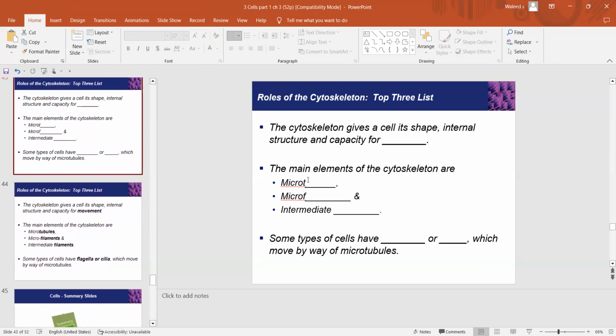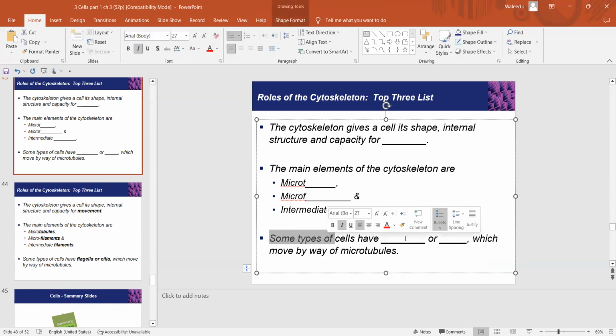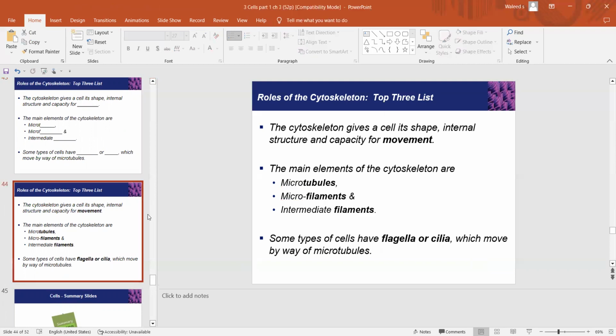Microtubules, microfilaments, and intermediate filaments. Some types have some, not all. What are the two that are only in some cells and contain microtubules? Flagella and cilia. Very good. And they contain microtubules.